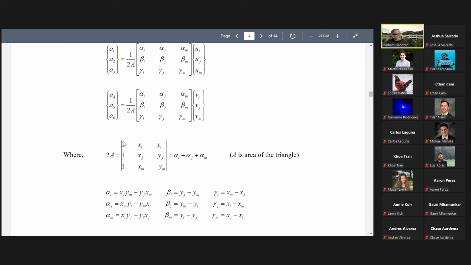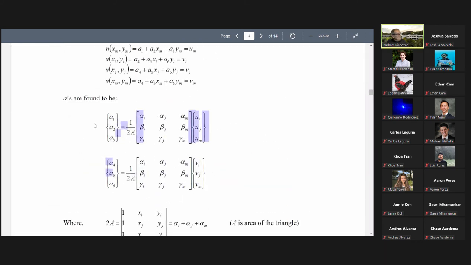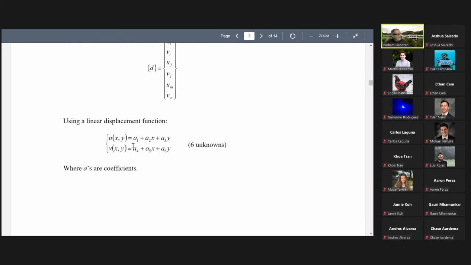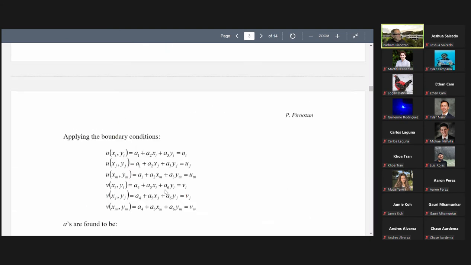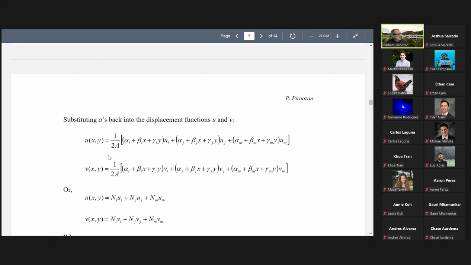So we find these A1 through A6, put them back into the equation for U and V. We find U and V to be given by this. That's what we wanted. This is U and this is V. This is alpha again, beta I, gamma I, multiplied by UI, UJ, UM, and the same for VI, VJ, VM.